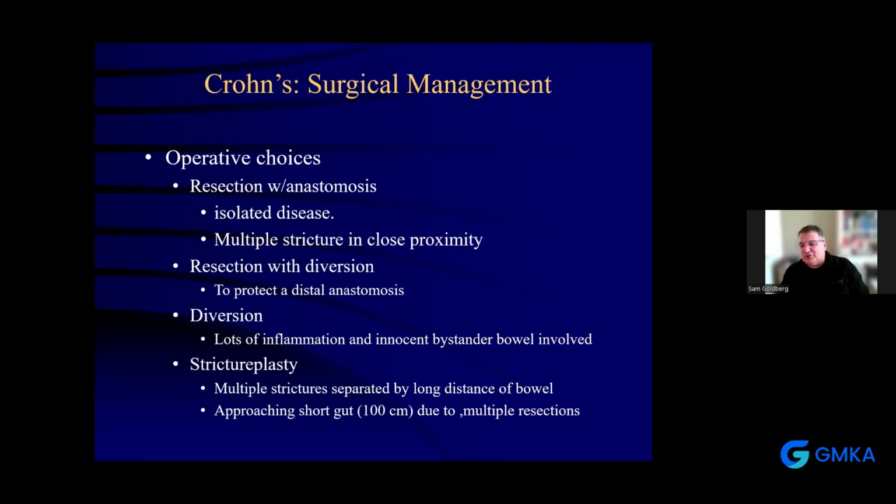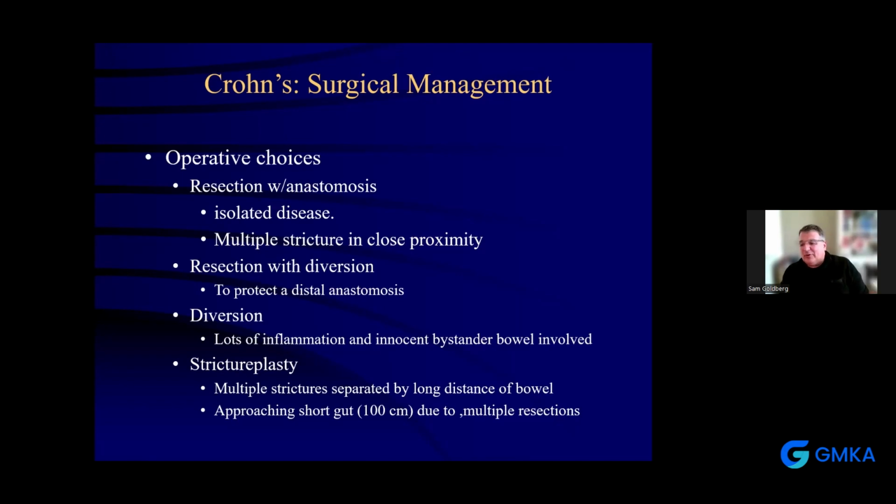In those patients, what you want to do is stop and just give them an ileostomy upstream. Go as far distal as you can until you get to the good bowel that's involved. I call that innocent bystander bowel involvement. If you have a lot of innocent bystander bowel involvement, what you want to do is give an ileostomy and leave everything downstream alone and continue with medical management.